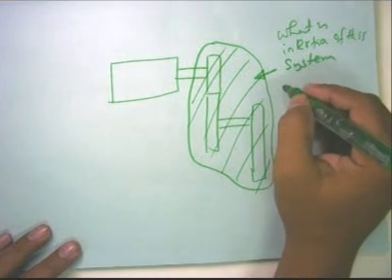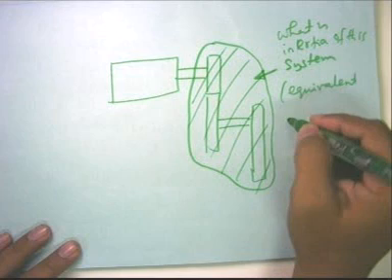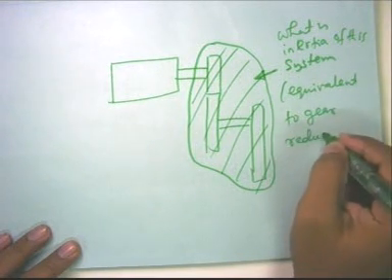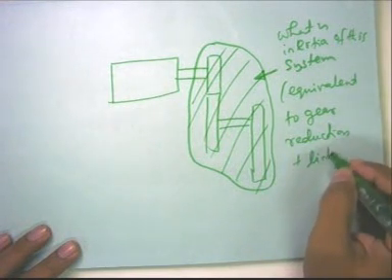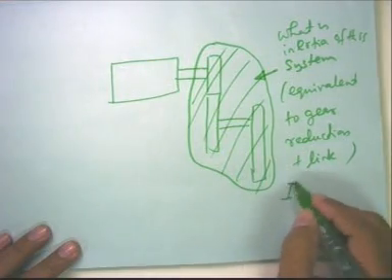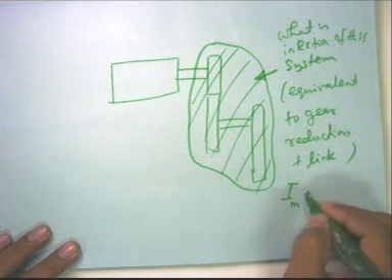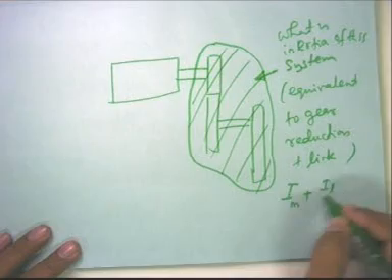This system is equivalent to gear reduction plus link, right? So we say that this is I_m plus I_L by eta square.